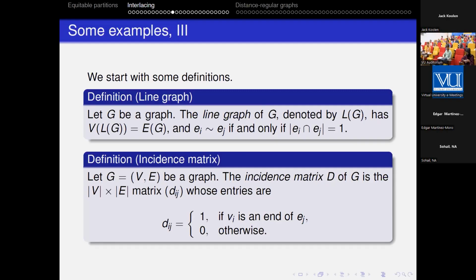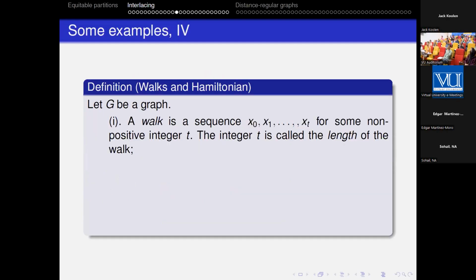So the incidence matrix of the graph is a V times E matrix N, where N_ij is 1 if vertex Vi is an end of the edge Ej, and otherwise 0. I did not define this before, but I think everybody knows this anyway.